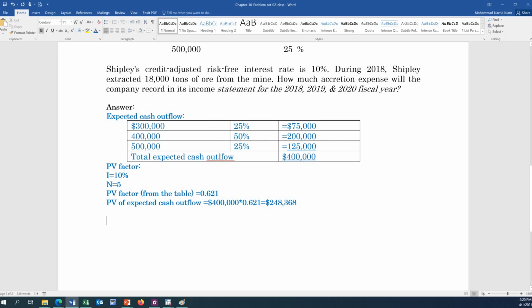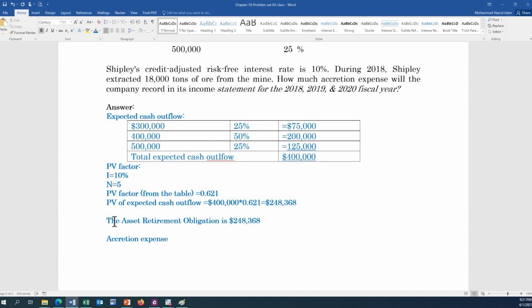This is the asset retirement obligation: 248,368.